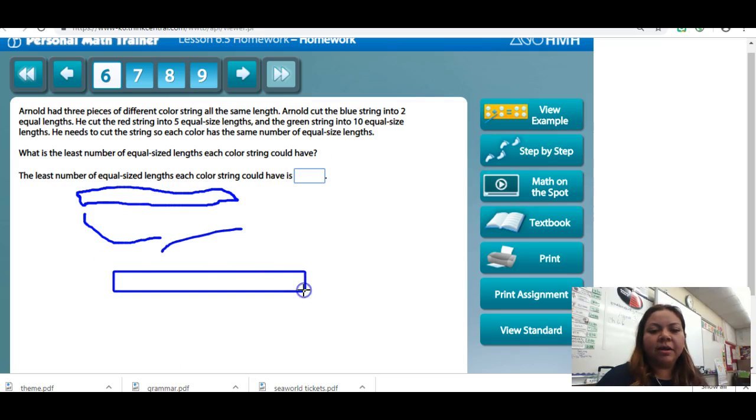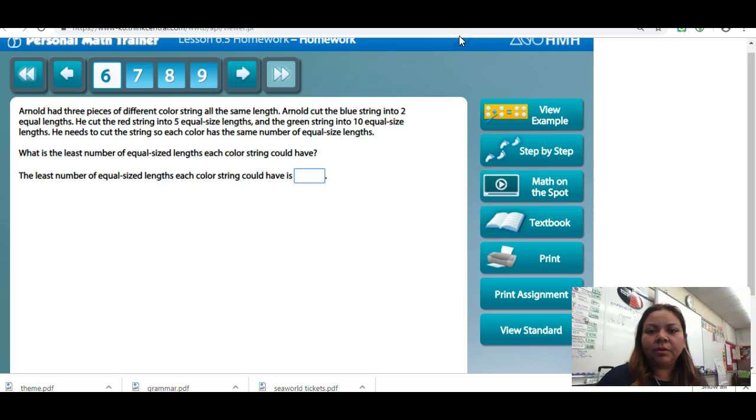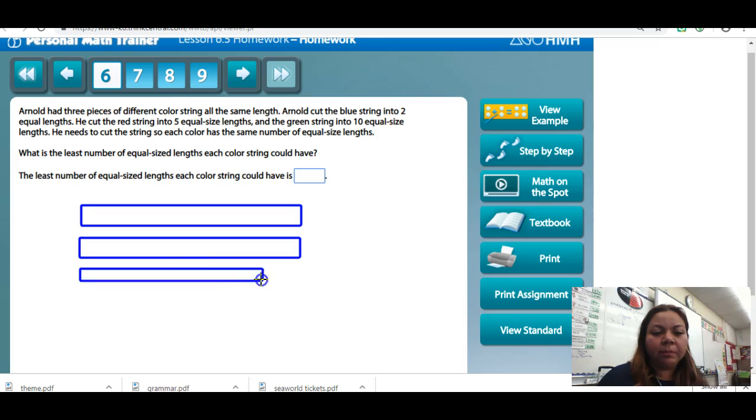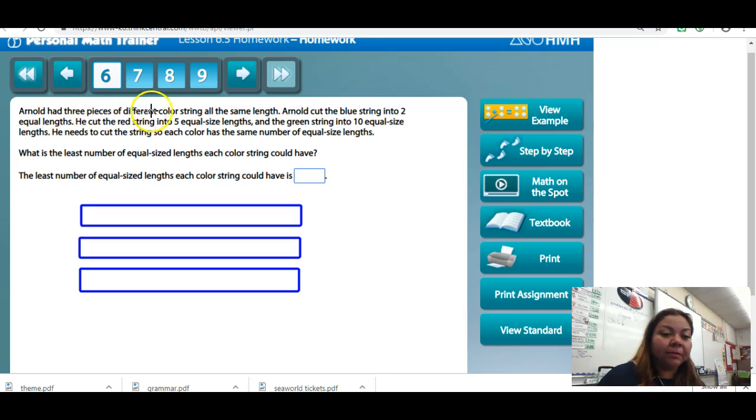Okay, so I have one here. Let me erase all that and start over. So I'm going to do 1, 2, and 3. Why 3? Because the problem is telling me that Arnold had 3 pieces of different color string, all the same length.